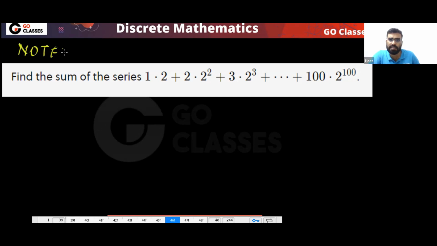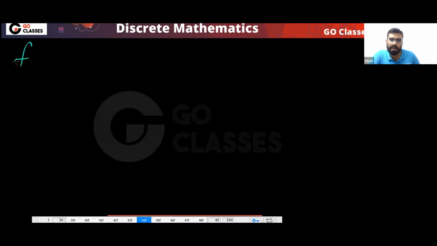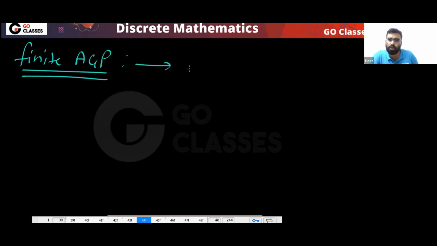Please note that it is not an infinite AGP. So for a finite AGP, what do we have to do? Always don't memorize the formula by heart. Always apply the procedure. If you have a finite AGP, then always apply the procedure.